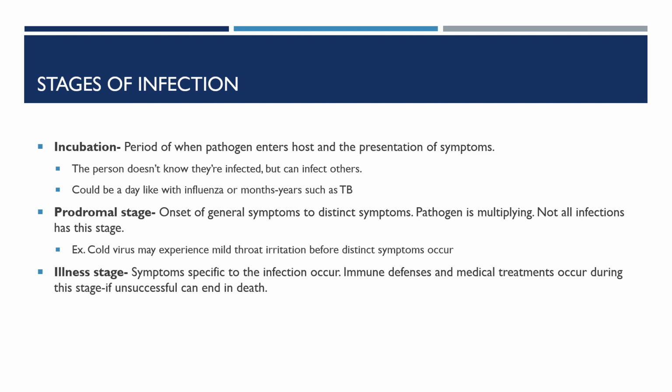So let's go back to what we talked about in the chain of infection. Who is at a high risk for death in an infection? Remember the host? Yeah, patients who are immunocompromised, very young or very old patients.